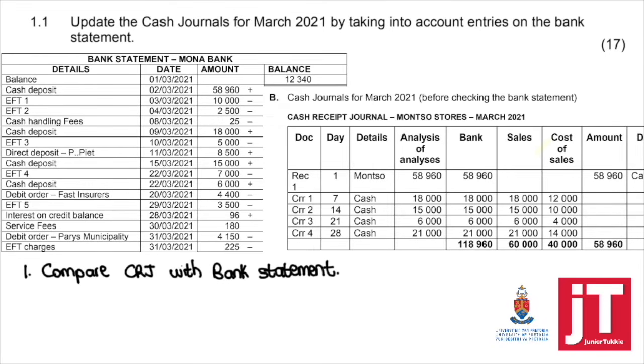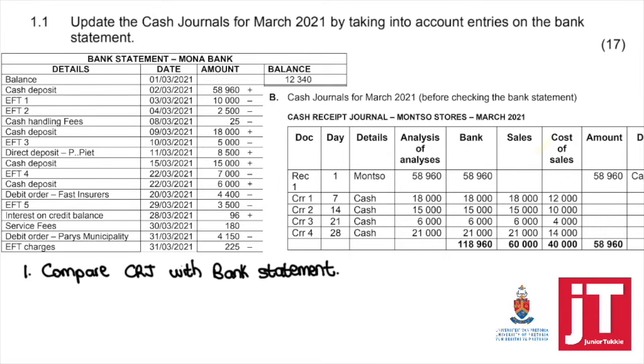So we are firstly going to look at the cash receipts journal, and we are going to compare it to the bank statement. The way in which the bank statement is presented, they've indicated a plus or a minus. A plus for when money is deposited into our account, minus for if money is paid from our account, deducted from our account.